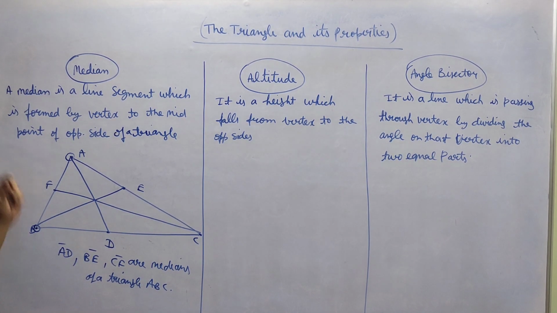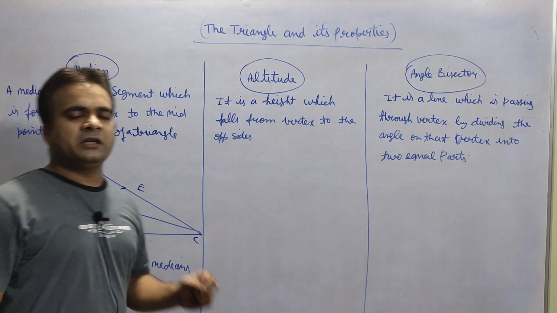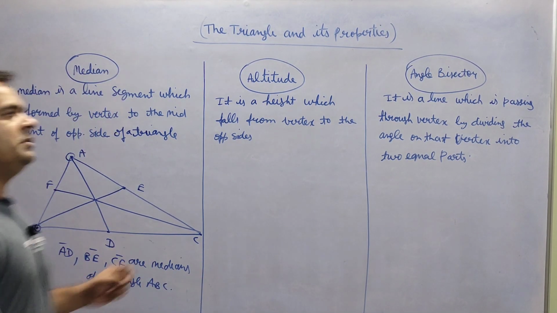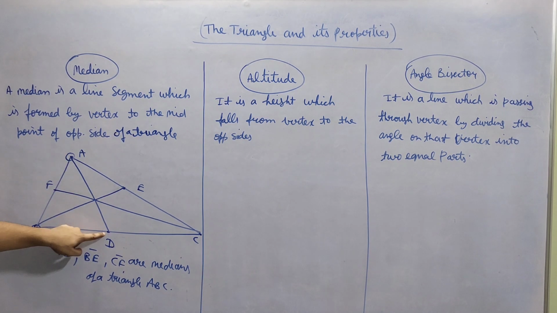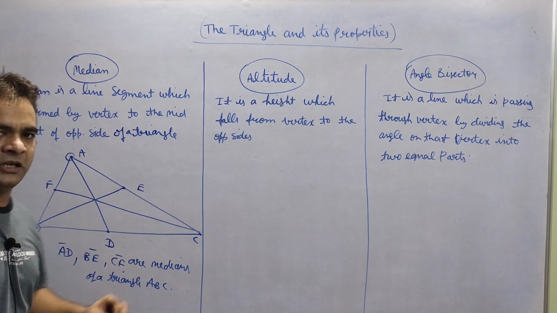So now it is very clear that in a triangle only three medians are possible, and we should understand we have to join the vertex to the midpoint of the opposite side. You have to see only this criteria, nothing else.